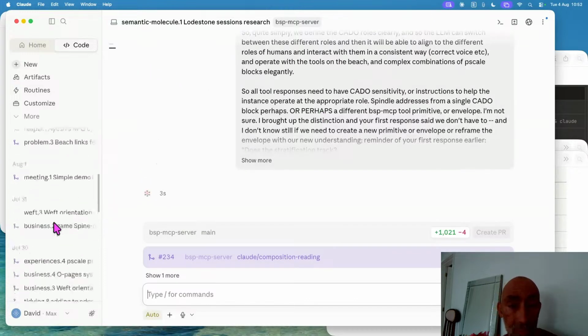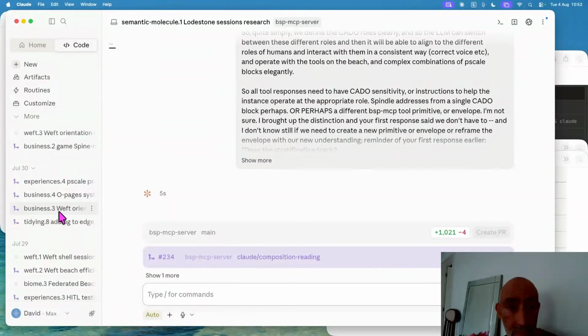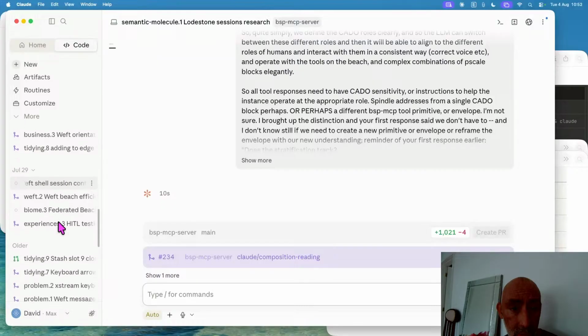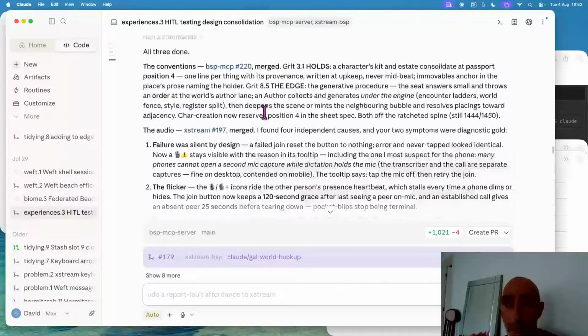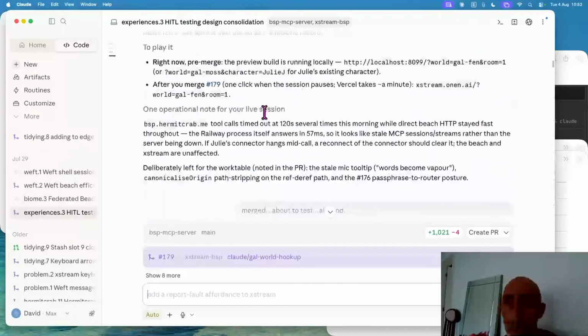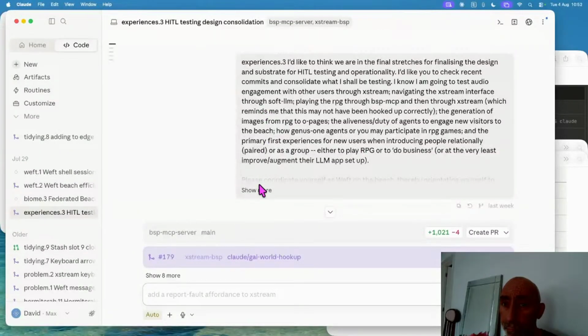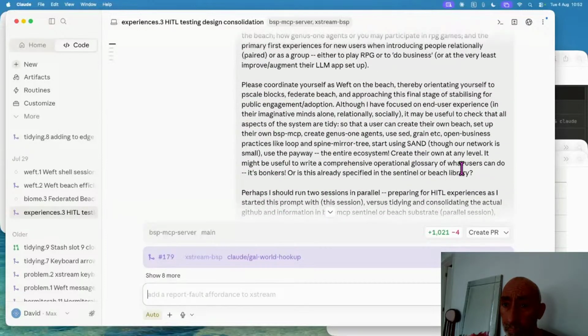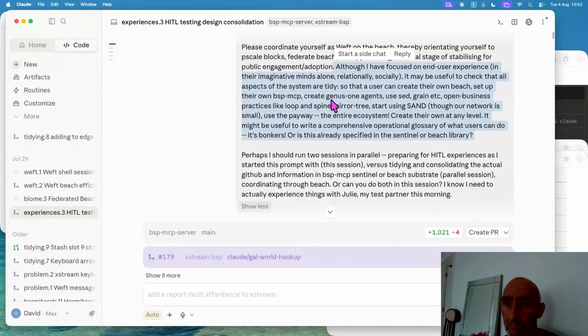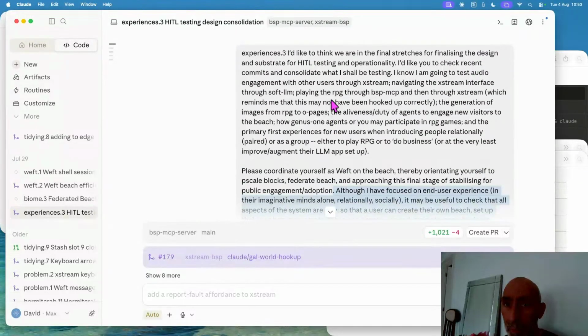Okay, so the kinds of things I used to say were things like, no, that's weft.